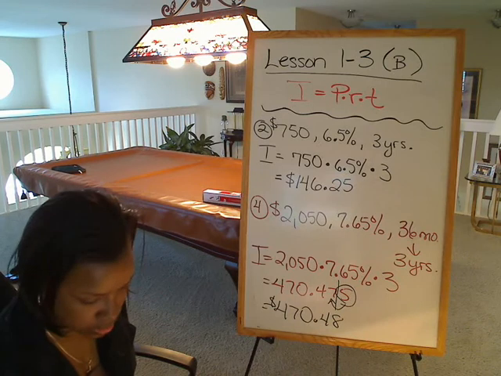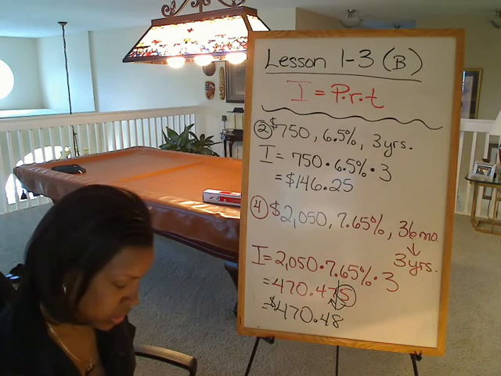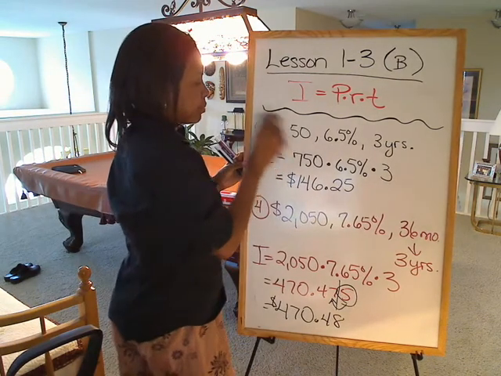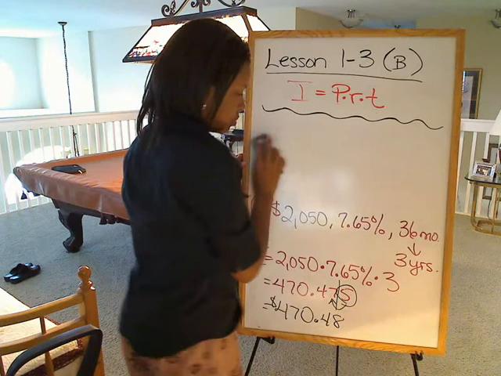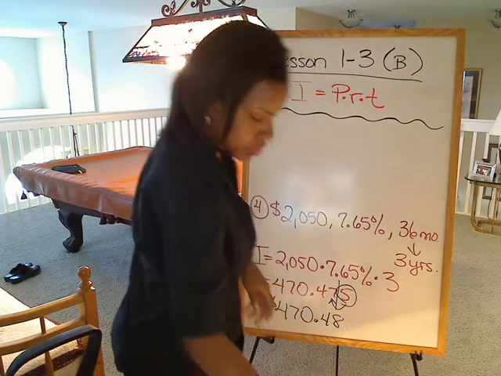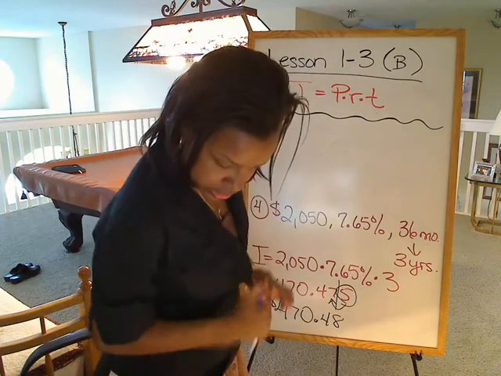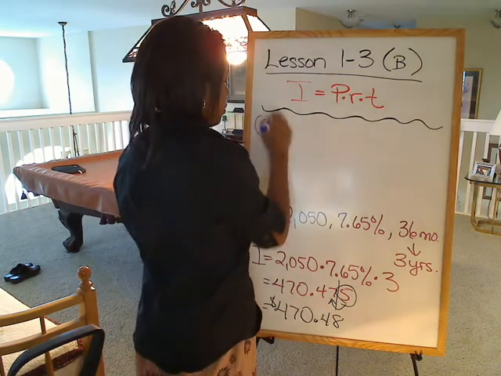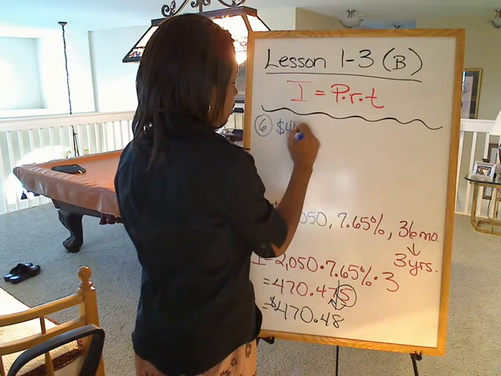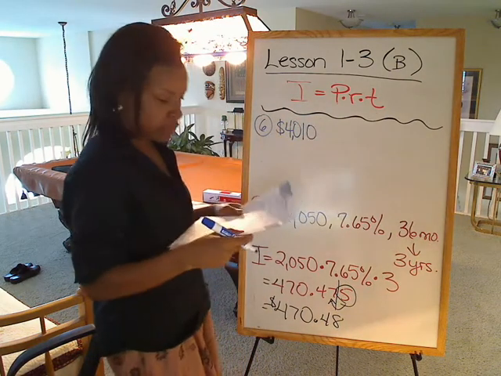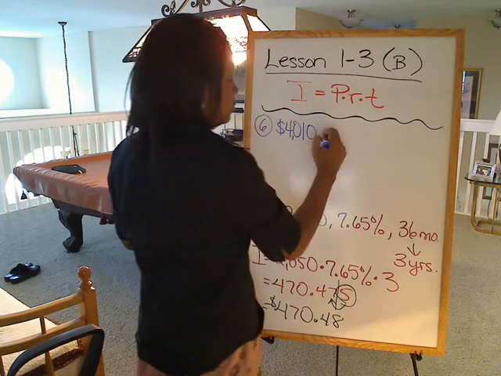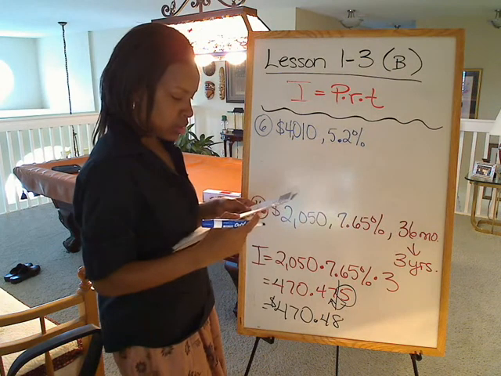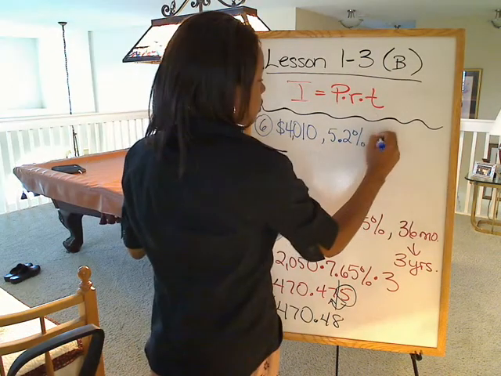Okay, let's go on to number 6. And number 6 says $4,010 at 5.2% for 4 years.